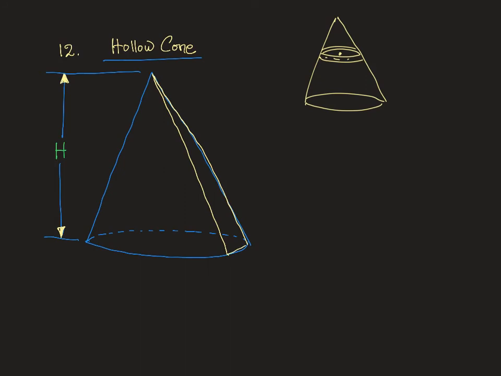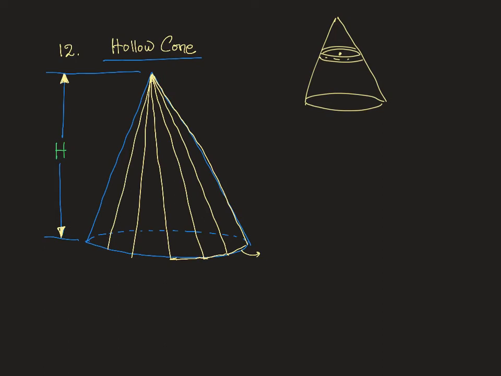If I cut out the slant surface of the cone, it will be a combination of triangles, right? Make each triangle so small that you can forget about the arc. This part is almost a straight line, so it's made up of triangles.